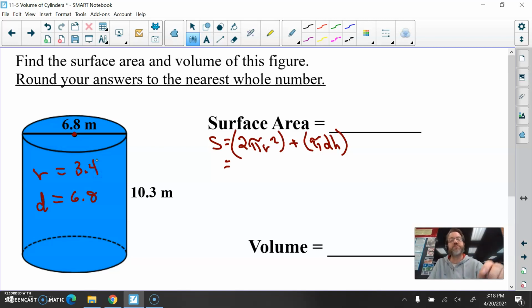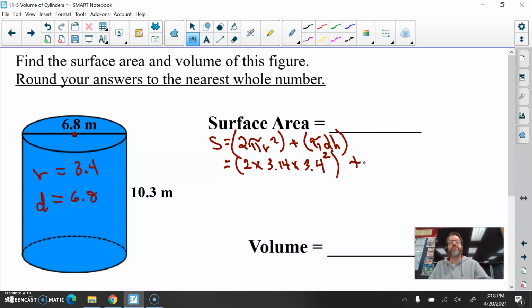Now I can just start substituting in some numbers. 2 times pi, 3.14, times the radius squared. The radius here is 3.4 squared.